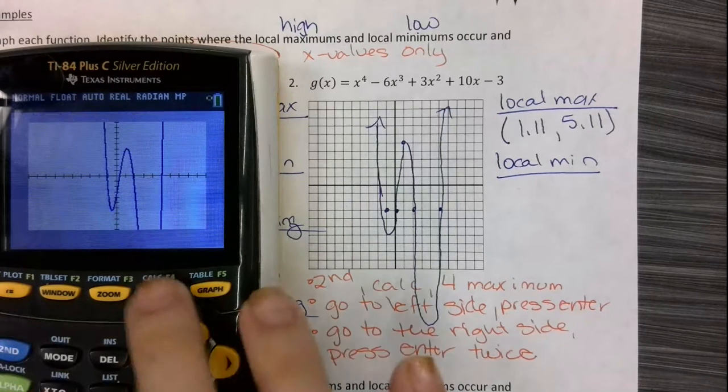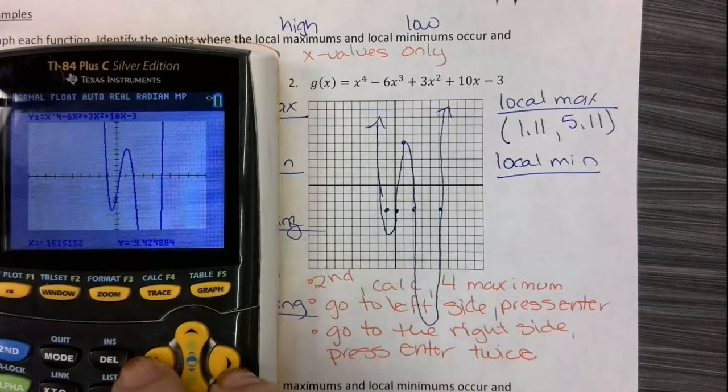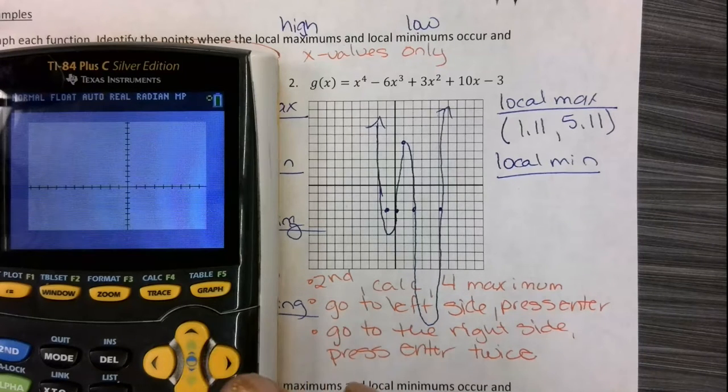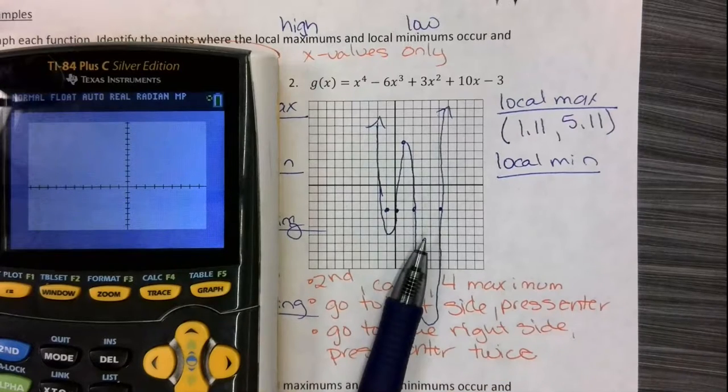I go second calc, and this time I want to be on the left side of the valley. I press enter. What? I didn't press the right choice.